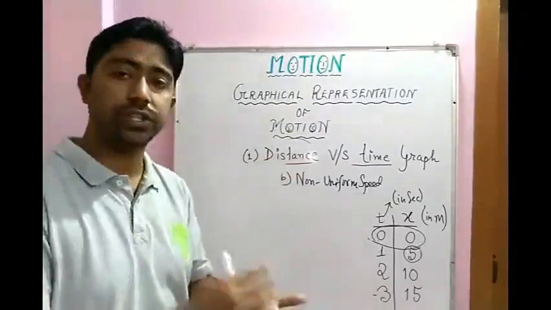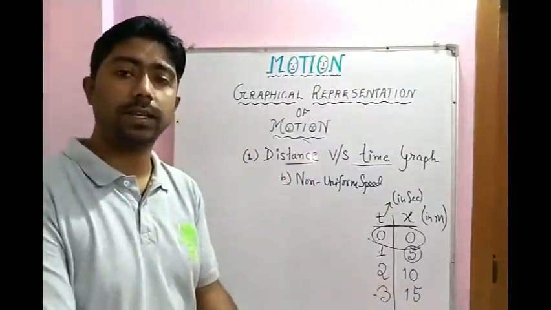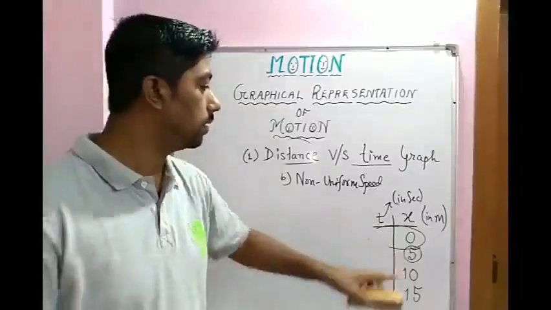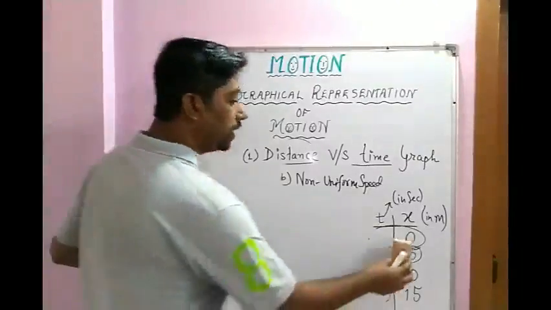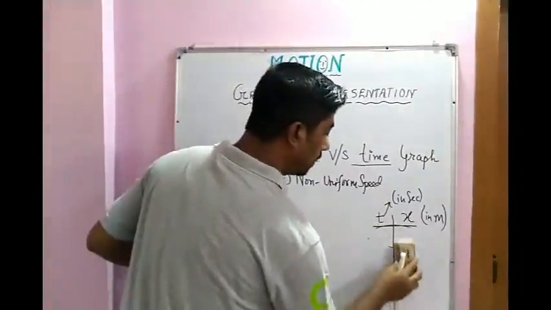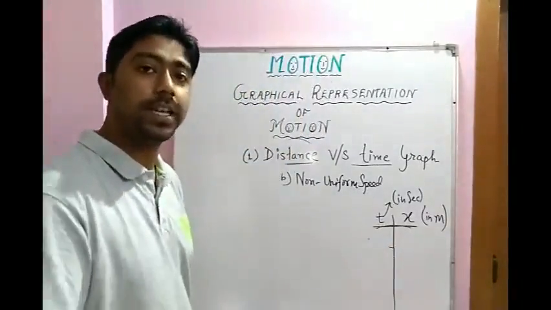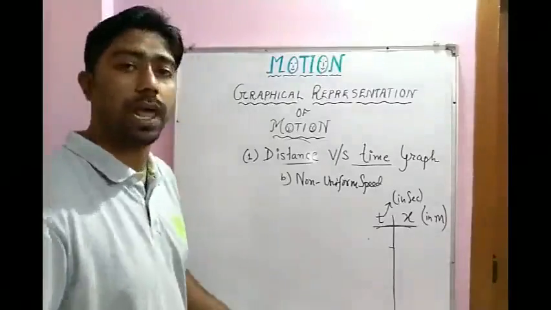Again, the main heading is distance versus time graph. Under that, in the last case we studied what? Uniform speed, if the object is in uniform speed. But what happens if the object is not in uniform speed? That means it is in non-uniform speed. Under that case, what will happen?